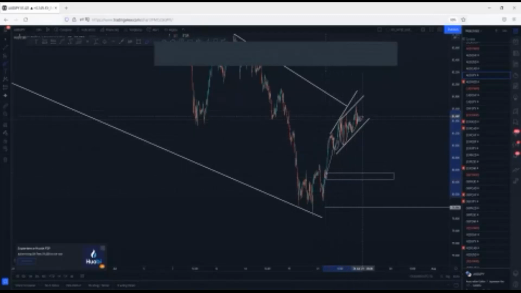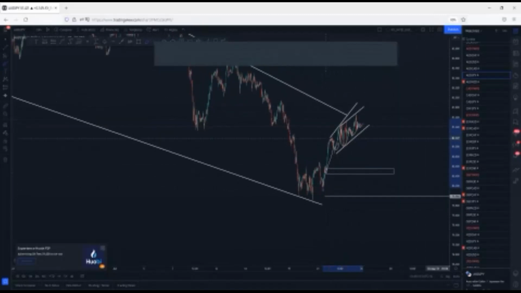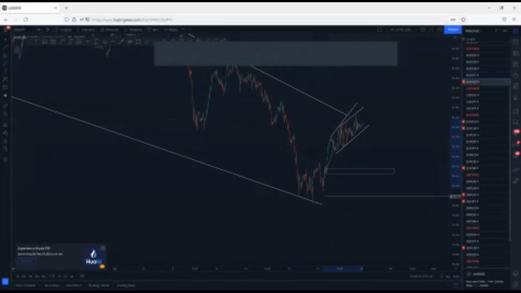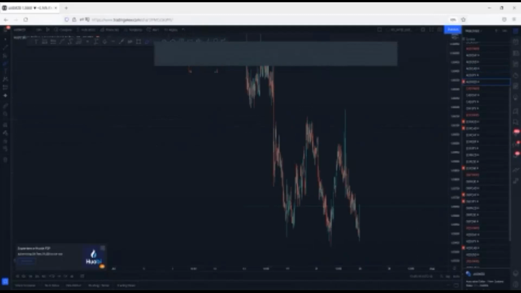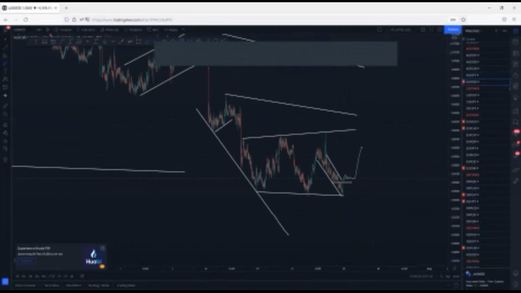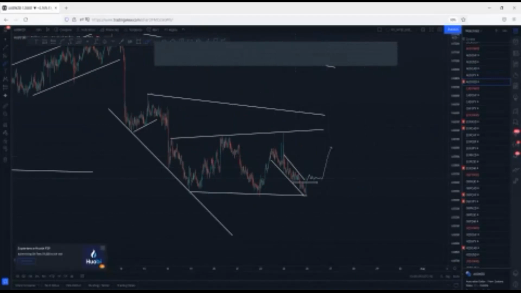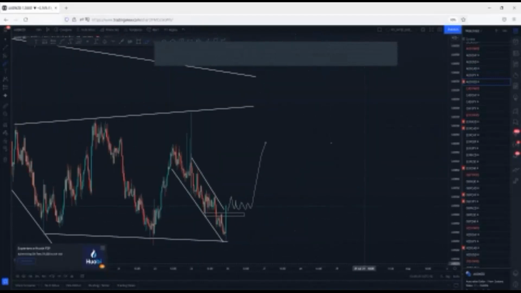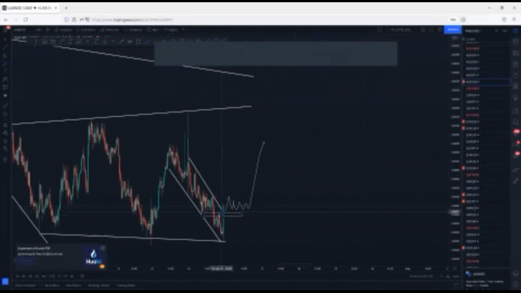So this shows me that if the other pairs are losing momentum, then NZD will go up. It's a buy. Can you see it? I highlighted my point here. If it decides to come back and form a pullback, that's where I will take the entry.